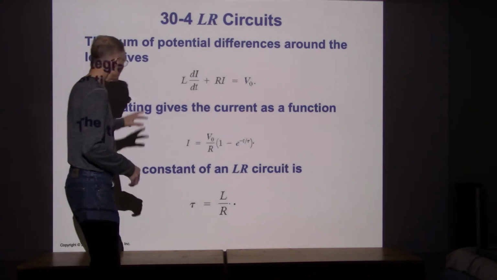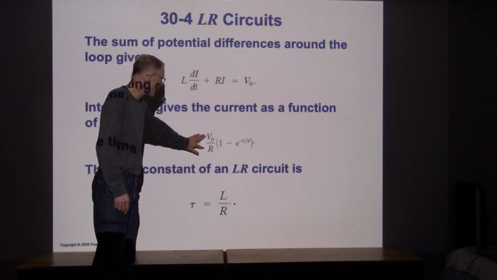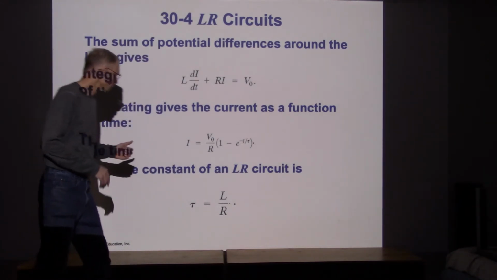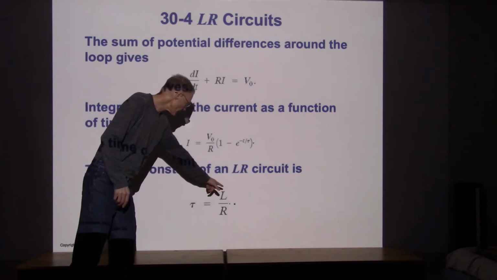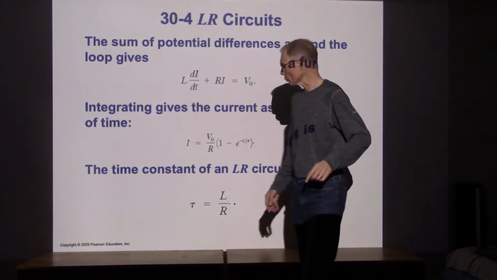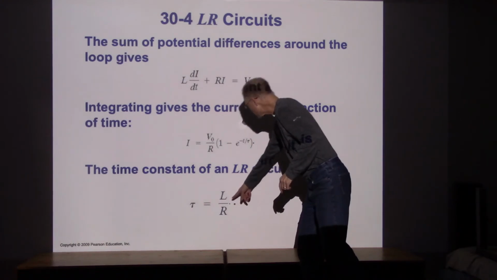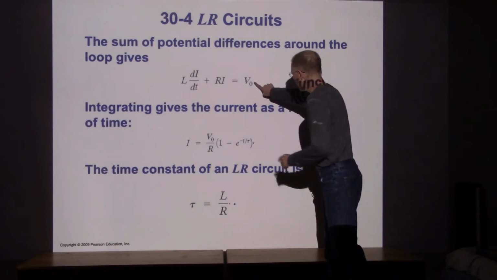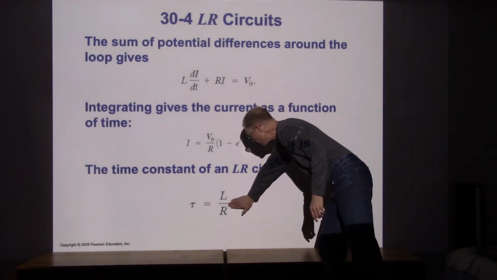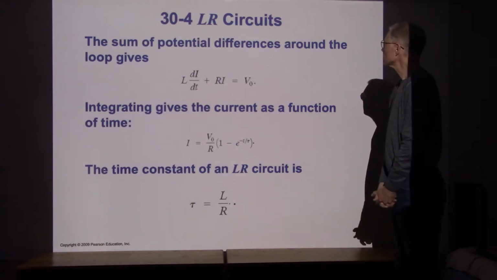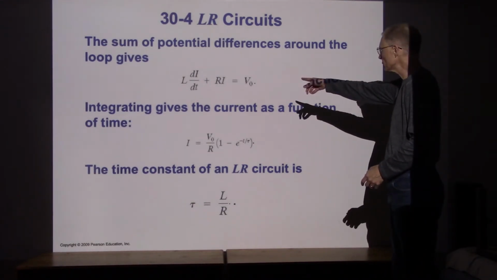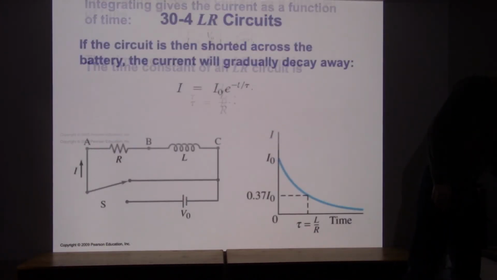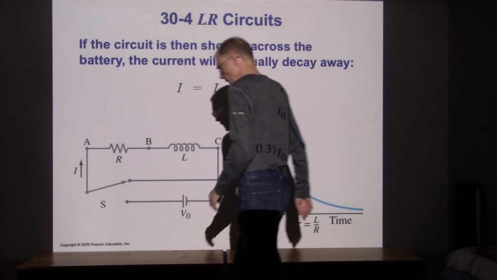And then here, for the current, the asymptotic value is going to be V over R. And for an LR circuit, as we've talked about already, the time constant is L over R. So that's the equation that it comes from. This is the solution, and let's look at some more diagrams showing how this is going to work.